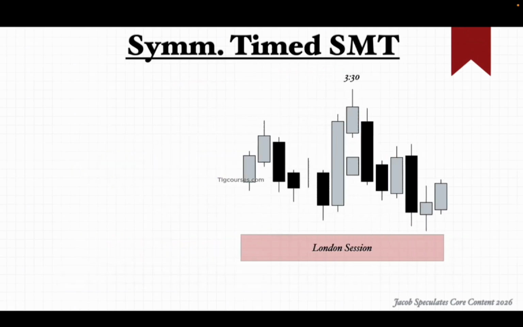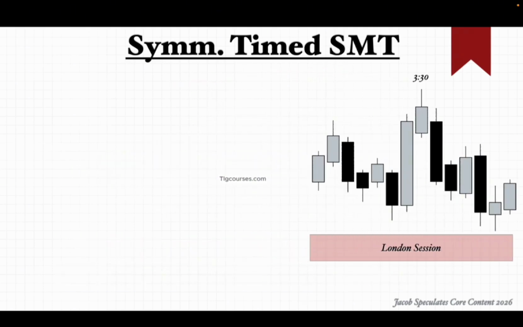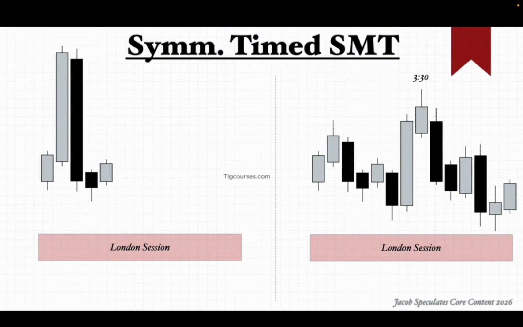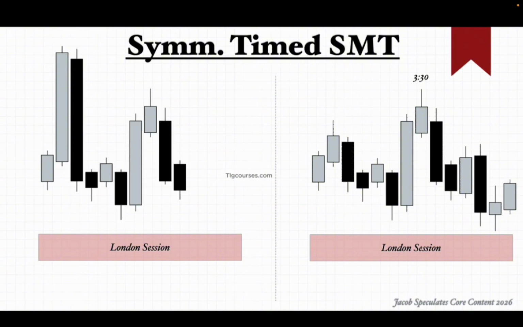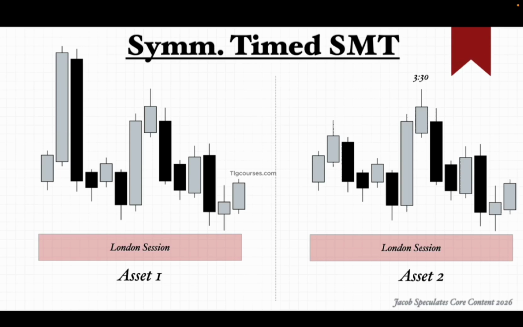Now, let's flip the script a little bit. Let's say we are observing London session's price action, but one asset that we're looking at did one thing, and another asset did a different thing. So let's say the asset on the left, which would be asset one, formed London session's high at 1:15 in the morning. Now let's say asset two, being the asset on the right, formed London session's high at 3:30 in the morning.